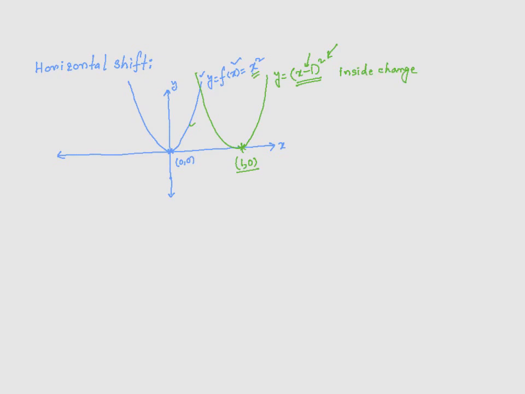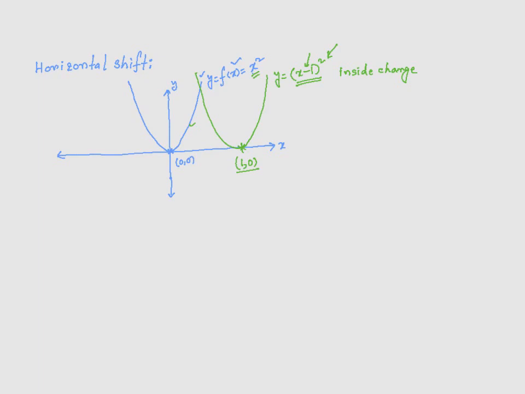An inside change moves the graph of the function either to the right or to the left. As you can probably guess, subtracting 1 from the x inside the square makes the function move to the right by 1 unit. Adding 1 under the square to x would move it to the left by 1 unit. If you guessed that, that's absolutely correct.